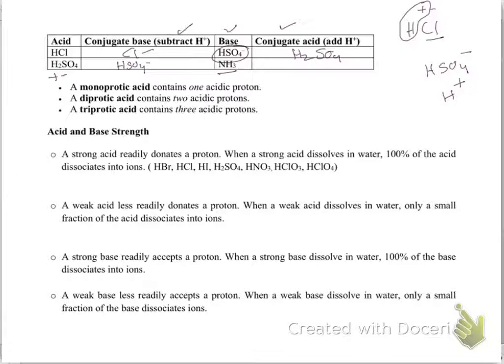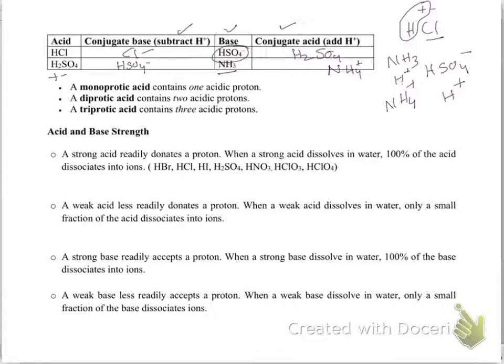Next, ammonia, base accepts proton. So if I'm adding H plus into it, so N, how many total hydrogens are there now? 4, 3 plus 1, and then there is 1 plus charge. So NH4 with 1 plus charge is a conjugate acid of the base ammonia.